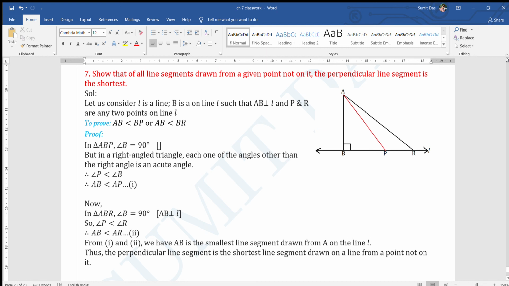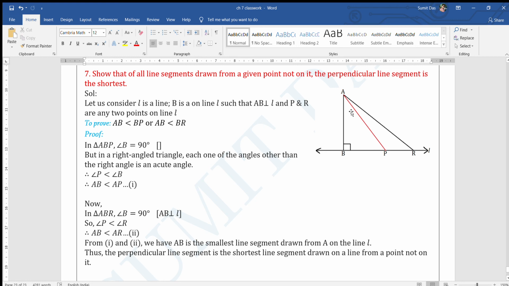So it is saying that from a given point, suppose A, if we draw lines, the perpendicular will be the shortest.